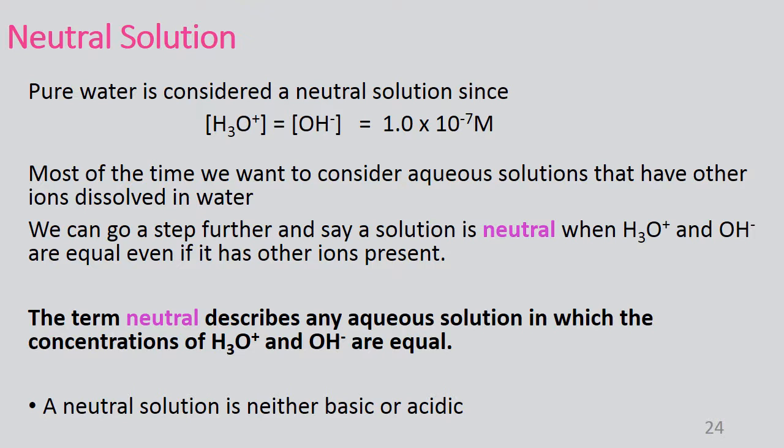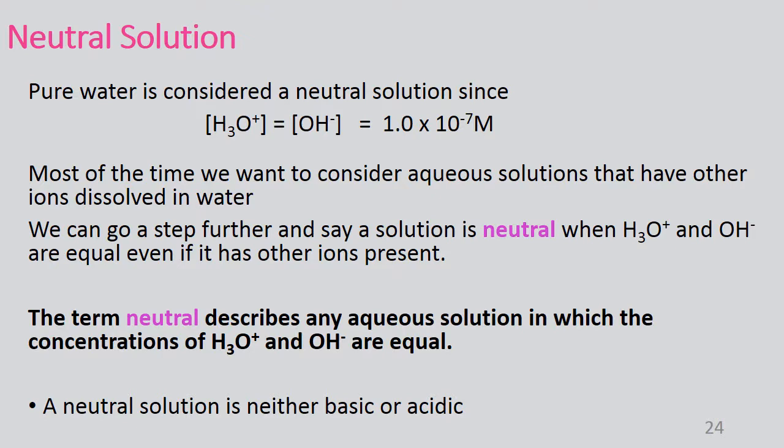So what we'll talk about later are salts. If a salt is dissolved in water, we can have H3O plus and OH negative equal to each other, and that would still be considered neutral. So the term neutral describes any aqueous solution in which the H3O plus concentration equals the OH negative concentration. A neutral solution is neither acidic nor basic.